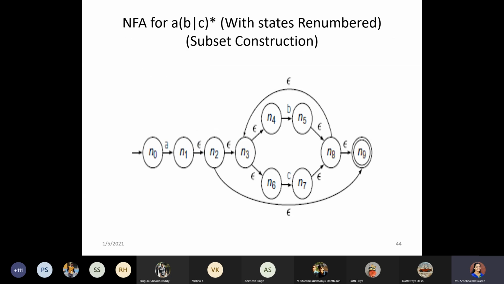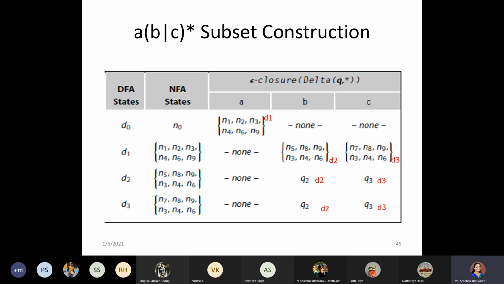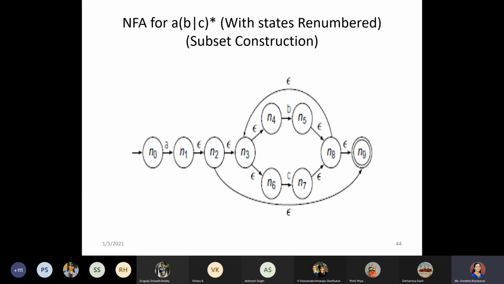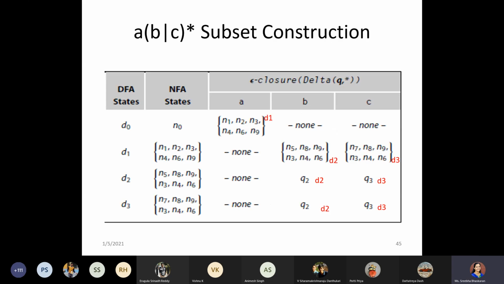So if we go with the subset construction, I have directly drawn it in the tabular format and kept it ready.